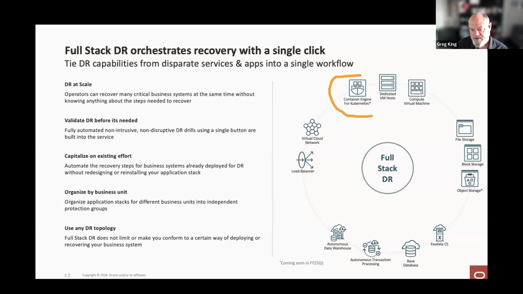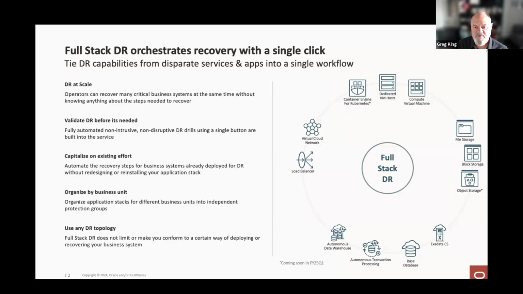Another thing is also object storage. Here's another important thing, even if it's not built into full stack DR right now, you can still do these things, right? You would use custom automation, but just because it's not built into full stack DR doesn't mean we can't do it. We can do almost anything you imagine. Anyway, object storage is going to be built in also.